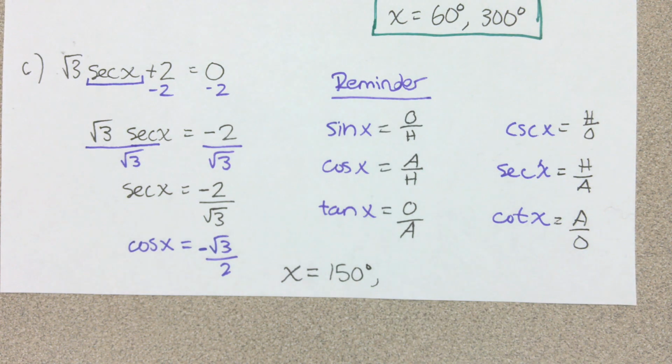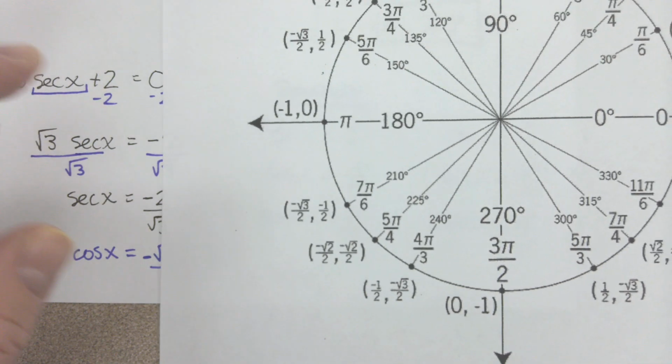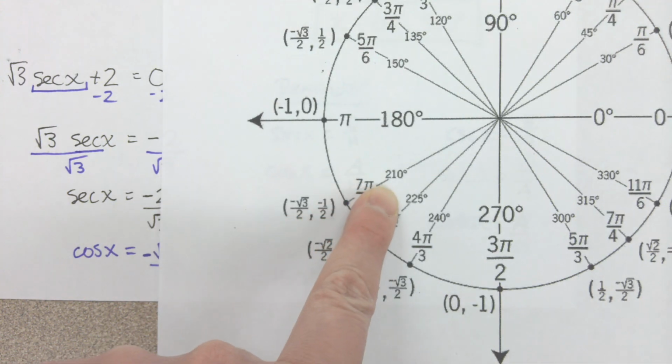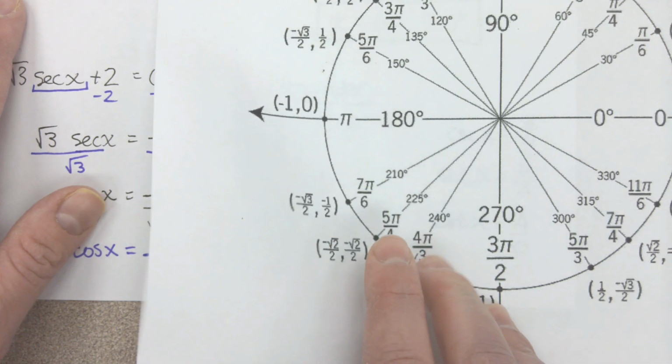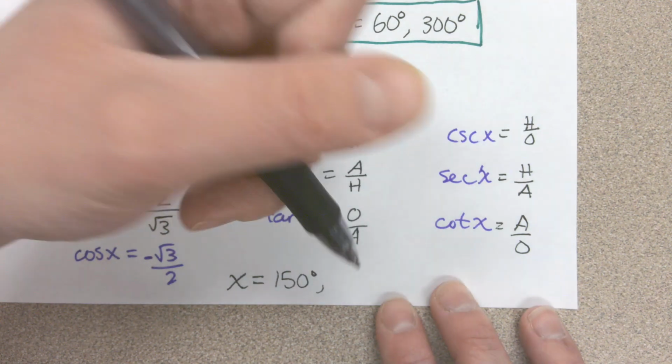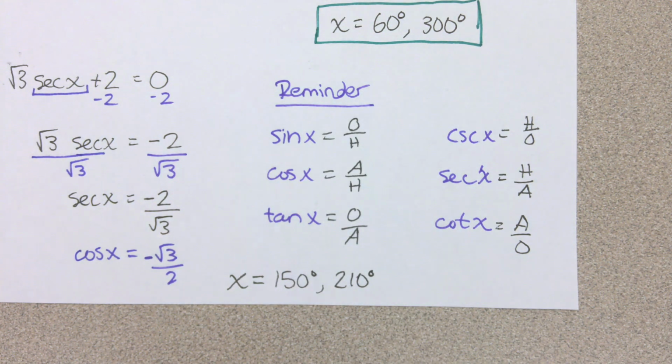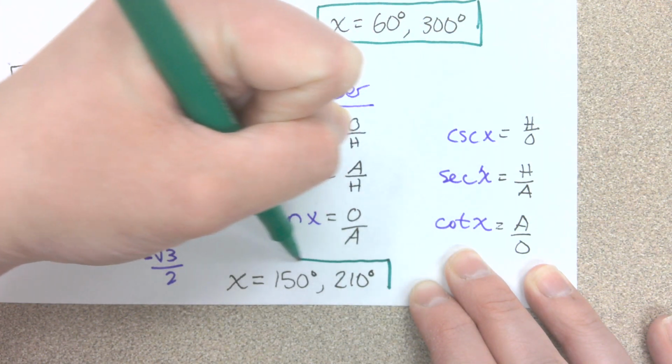Again, always look for two answers. The other place it's negative rad 3 over 2 is at 210 degrees. Those are the values of x.